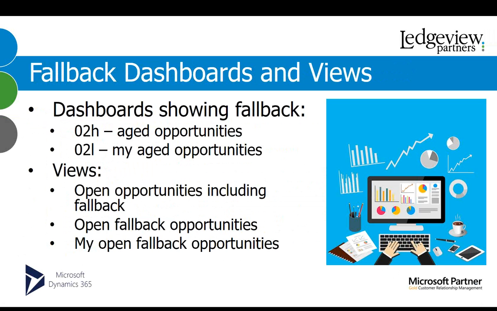It will show the different ones that are in fallback by owner, so it's really a handy tool. And then for views, there's an open opportunities including fallback to show all of them. And then you can filter to just show open fallback opportunities in my CRM, and then just ones that I own in the my open fallback opportunities.